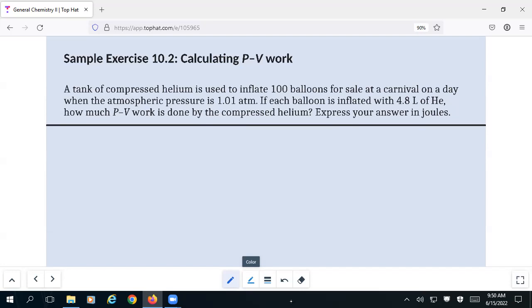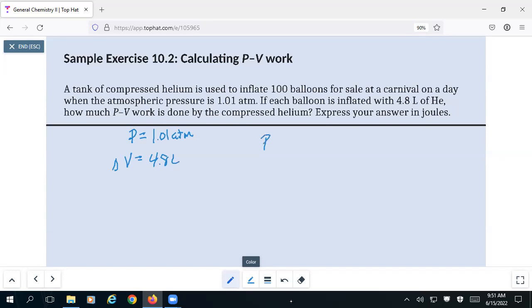And then we need to express our answer in joules. So our pressure is 1.01 atmospheres, and our volume, we're going to start with no helium in the balloons, to 4.8 liters.